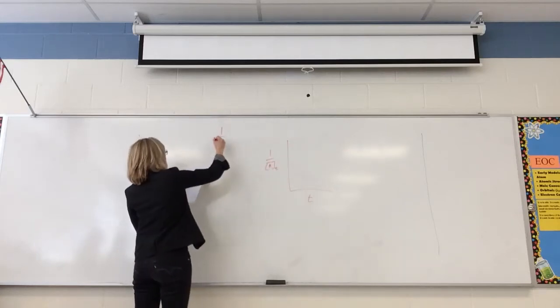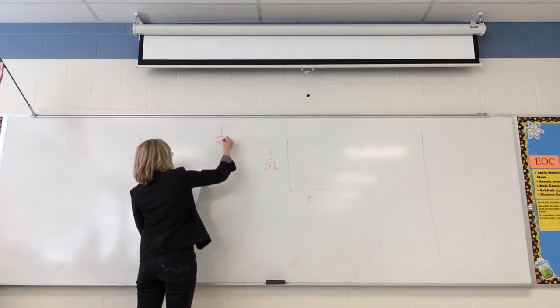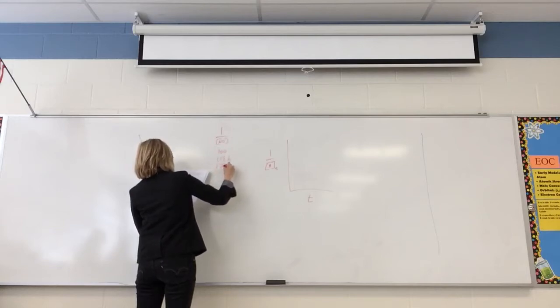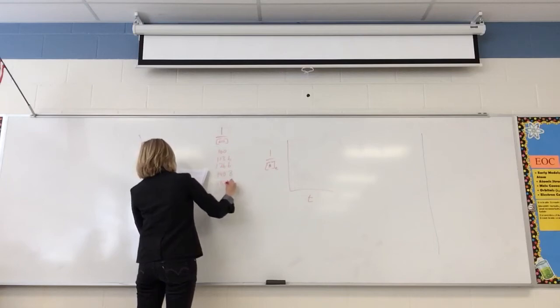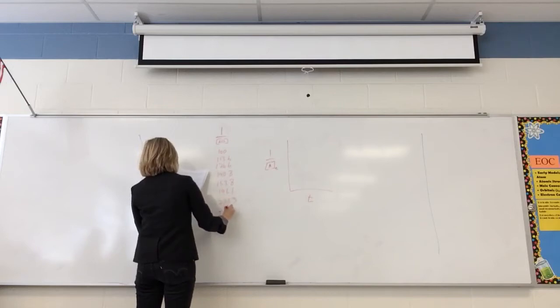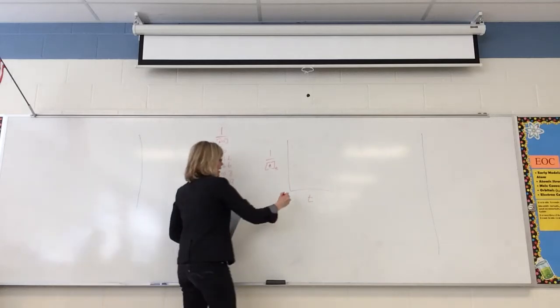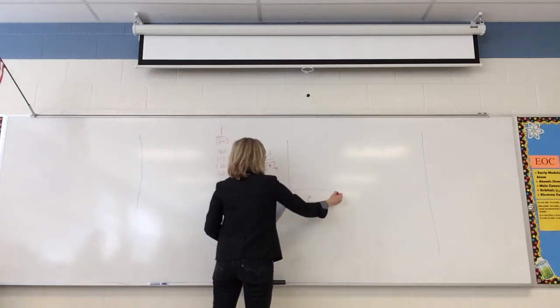And so I'm going to take 1 over, and I would get 100, 113.6, 126.6, 140.8, 153.8, 196.1, 208.3, 238.1. All right? And then obviously I'd have 0 to 300 seconds where I time this.